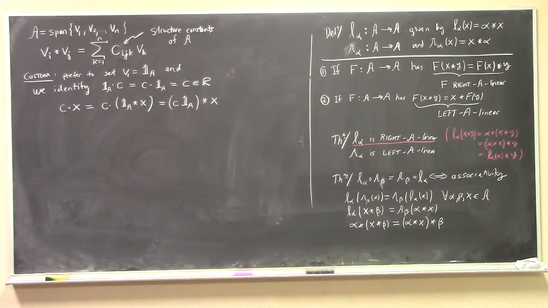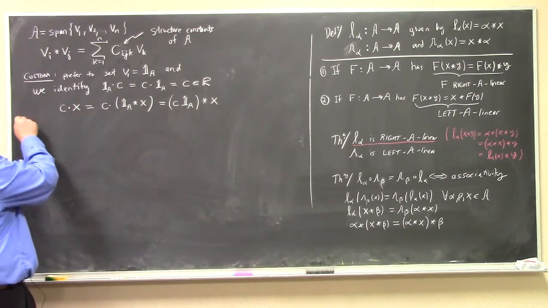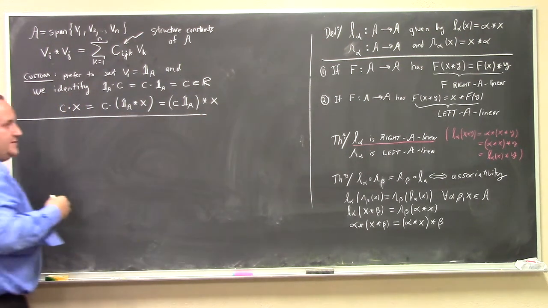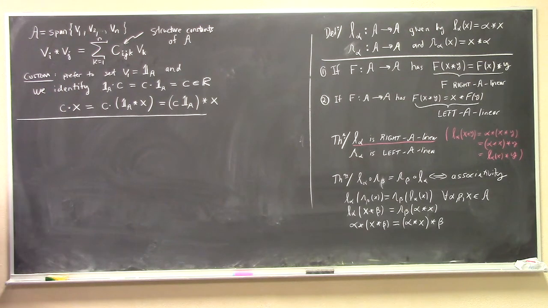All right, so now that we know this, let's think about what the matrix of a linear transformation on A looks like with respect to this customary basis.